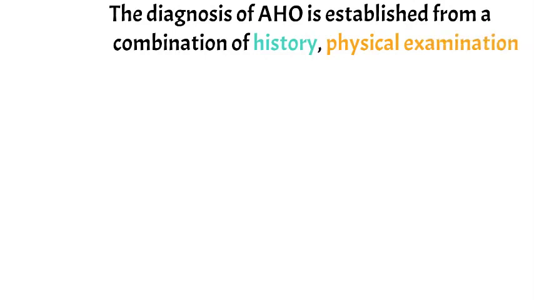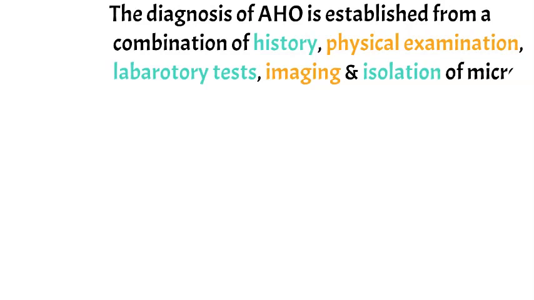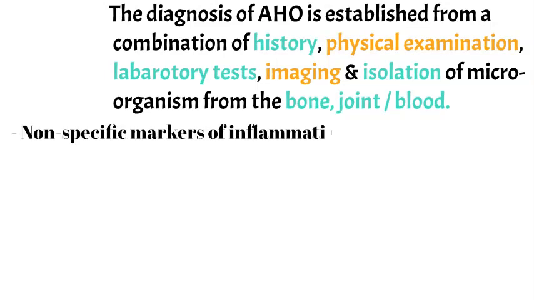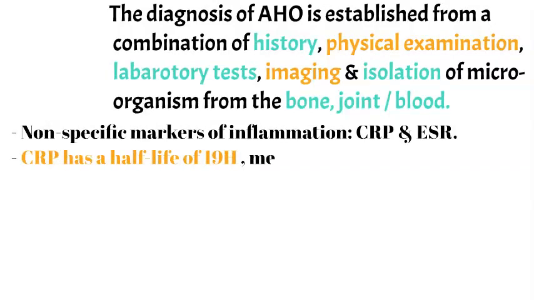The diagnosis of acute hematogenous osteomyelitis is established from a combination of history, physical examination, laboratory tests, imaging, and isolation of microorganisms from the bone, the joint, or blood. The non-specific markers of inflammation, the C-reactive protein CRP and ESR, erythrocyte sedimentation rate, are commonly used.